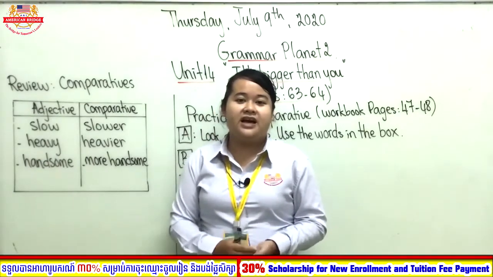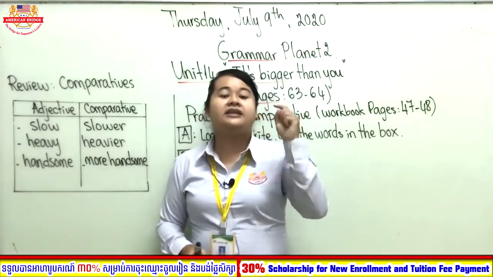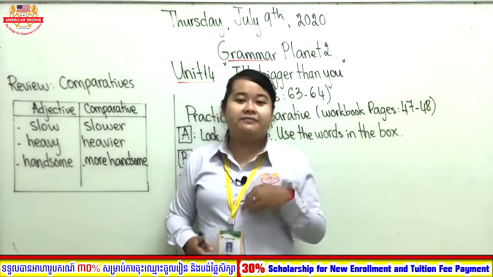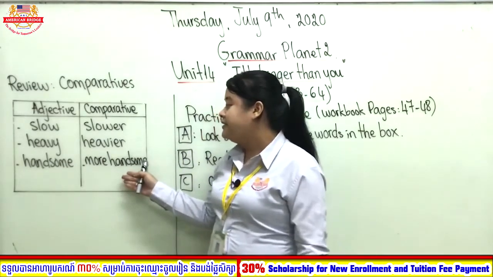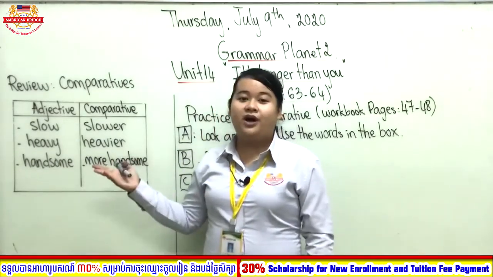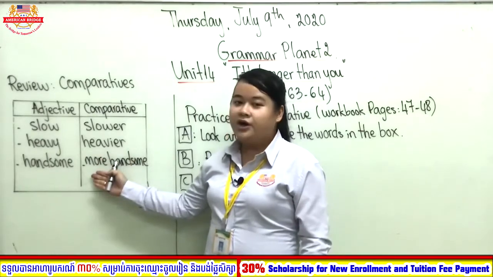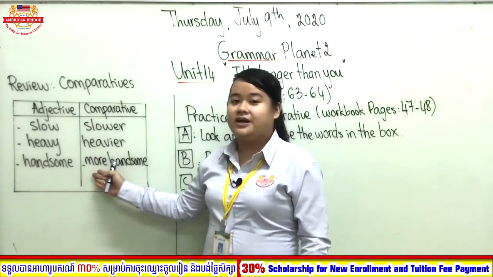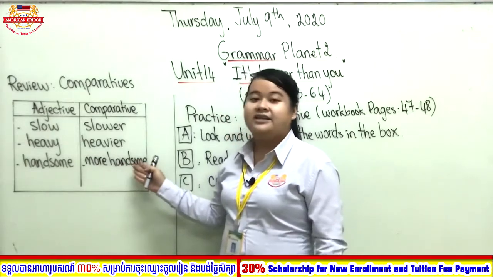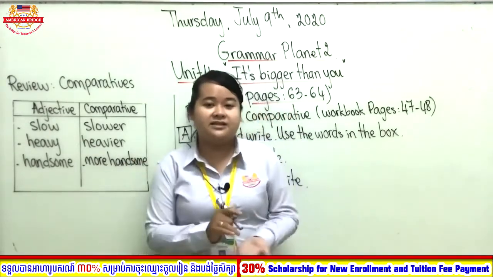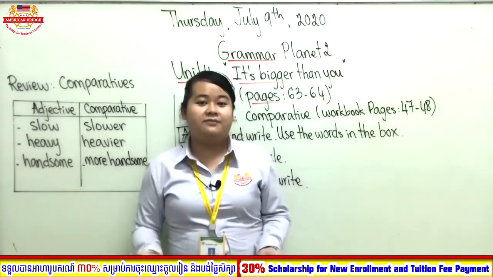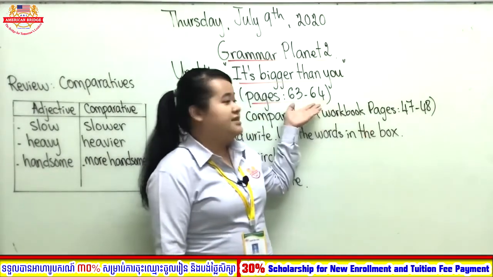So handsome, we have two syllables. Handsome. So you can count it by your hand also, right? So handsome, if it has two or more syllables, we need to add more in front of the adjective, right? So more handsome.